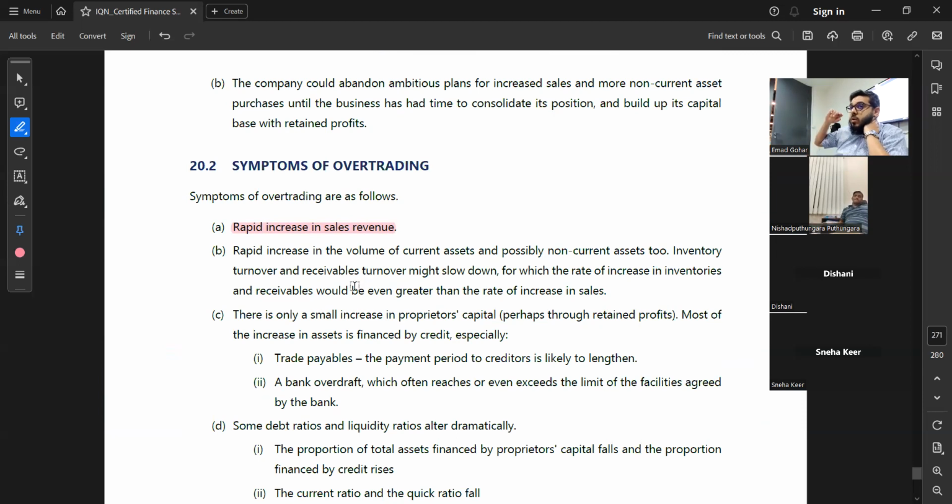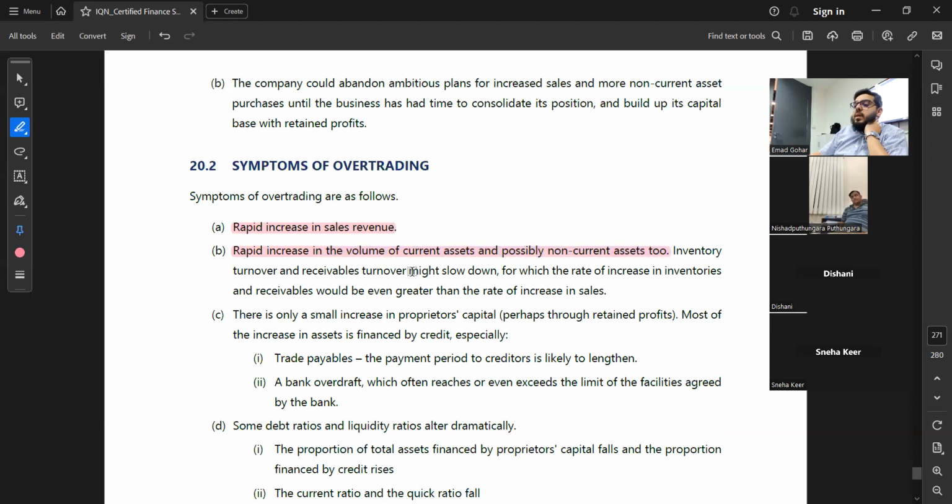Overtrading means your assets are less, your liabilities are more. You are undercapitalized. So how can you be undercapitalized? You have a rapid increase in sales. You have a rapid increase in the volume of current assets and non-current assets.